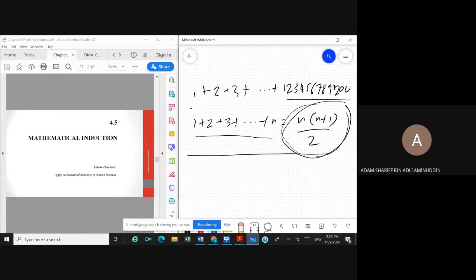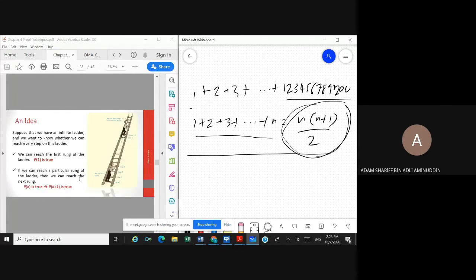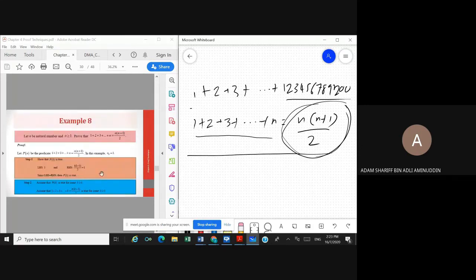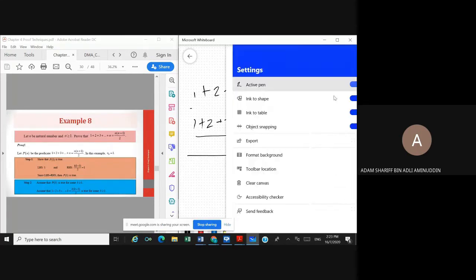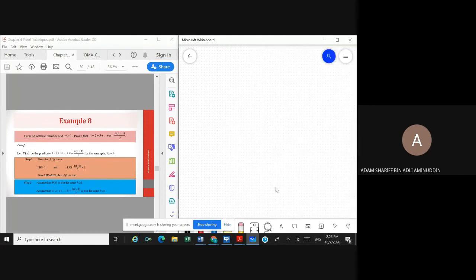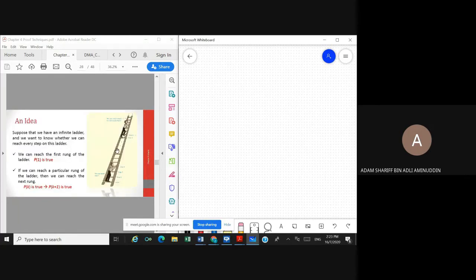This is what you will learn, how to prove this theorem, a statement that can be shown to be true or false, that is actually true. Okay, so I will show you one example only today. Although the answer is already there, but like I said, you must know the know-how, the method on how to prove this. This is known as mathematical induction.